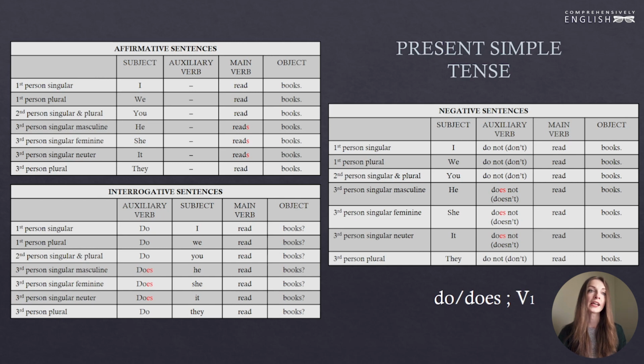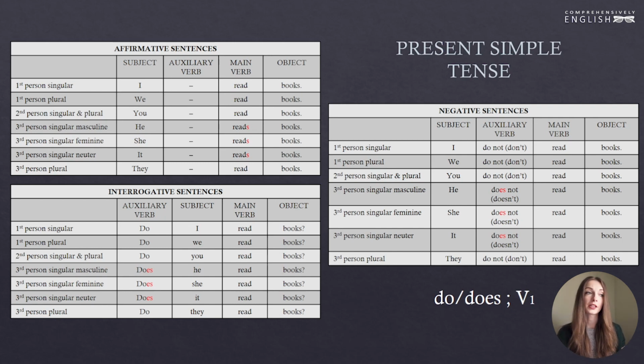So what you say? He does not read. Your main verb does not have this ending s anymore. He doesn't read, she doesn't read, it doesn't read. Normally, we shorten doesn't, yeah, we don't say does not. We use the full form does not only when we want to stress the negation.